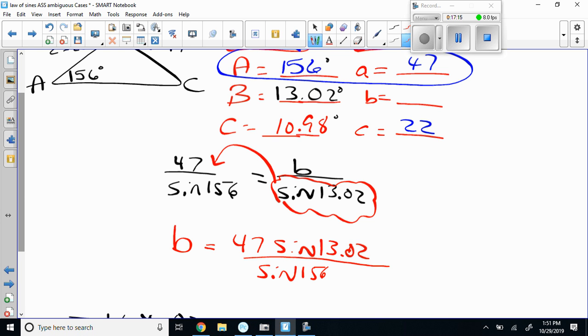So what does that equal? Now let's go two decimal places. 26.03. All right, y'all good?